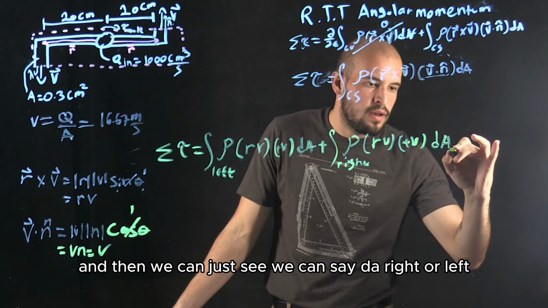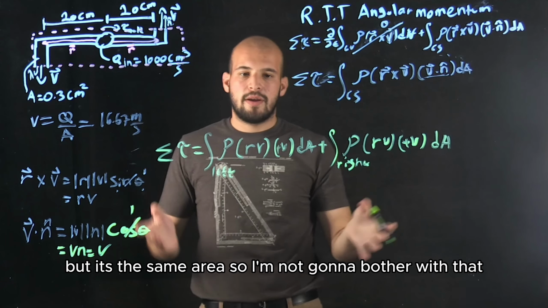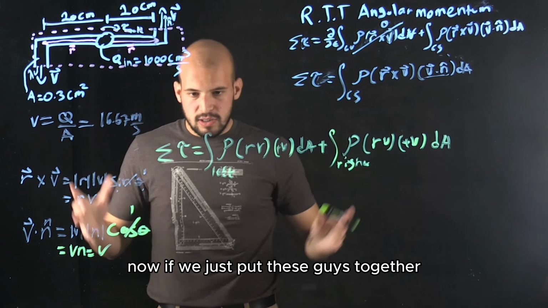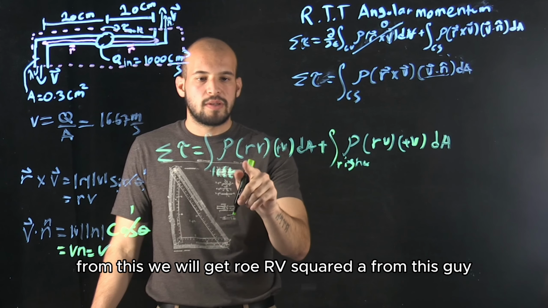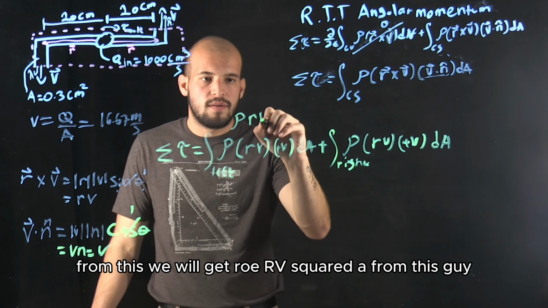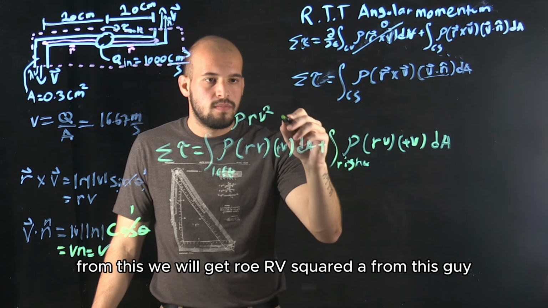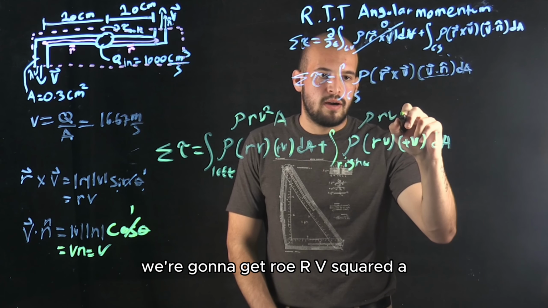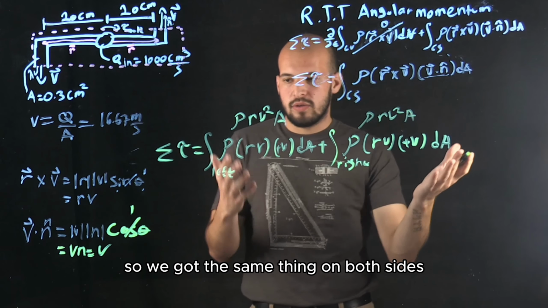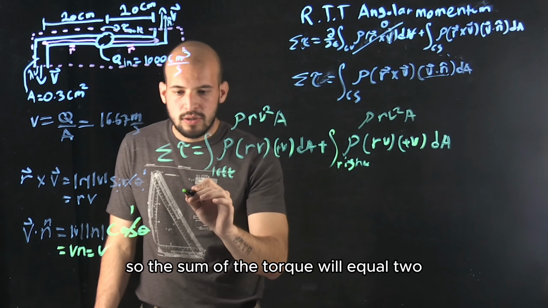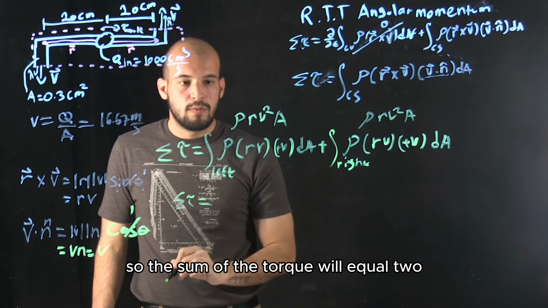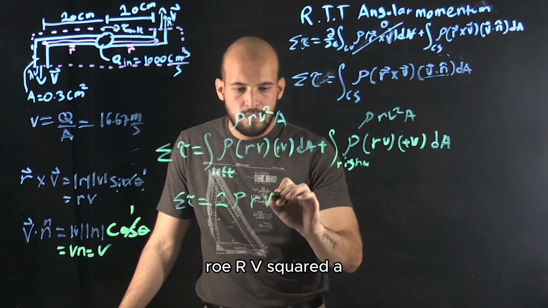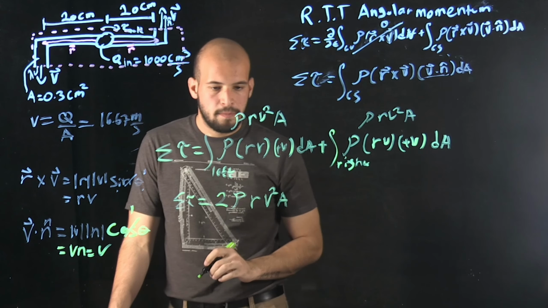We can say dA right or left, but it's the same area, so I'm not going to bother with that. Now, if we put these together, from this we get rho Rv squared A. From this guy, we also get rho Rv squared A. So we get the same thing on both sides. So the sum of the torque will equal 2 rho Rv squared A.